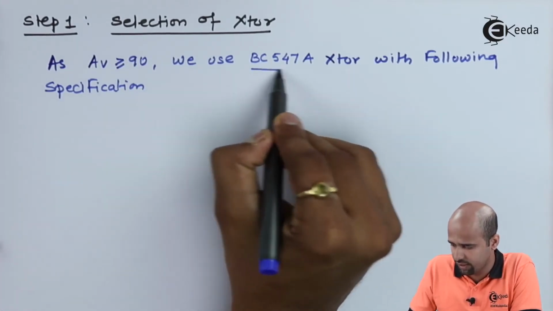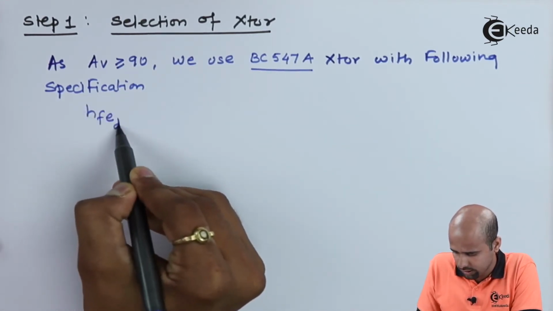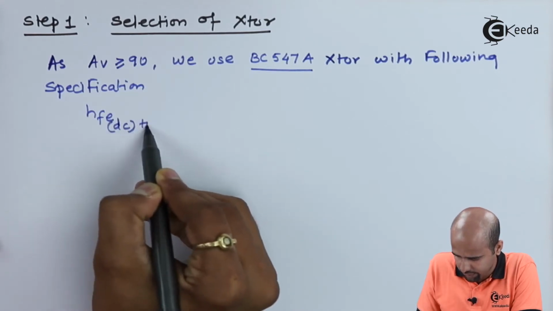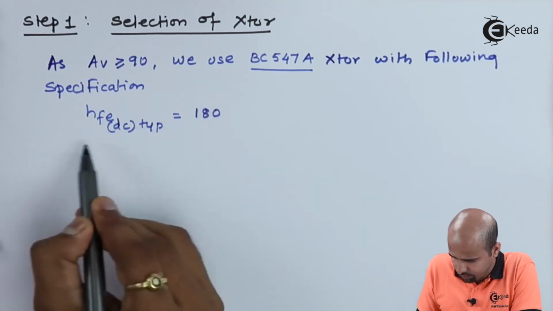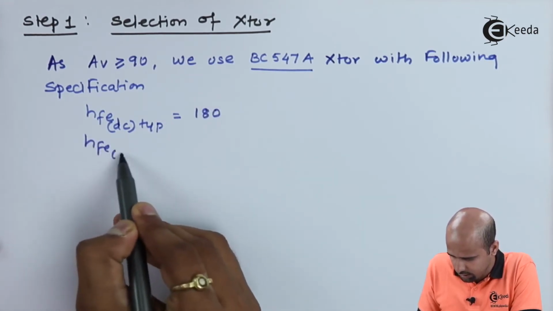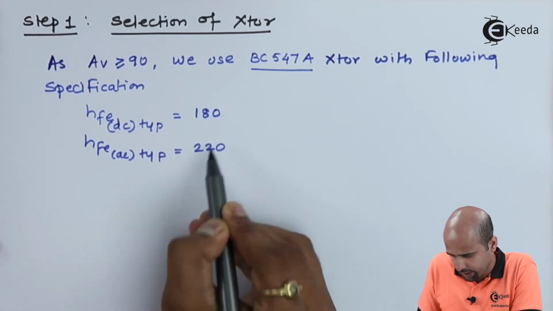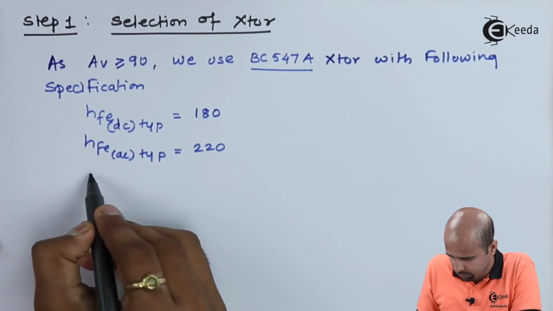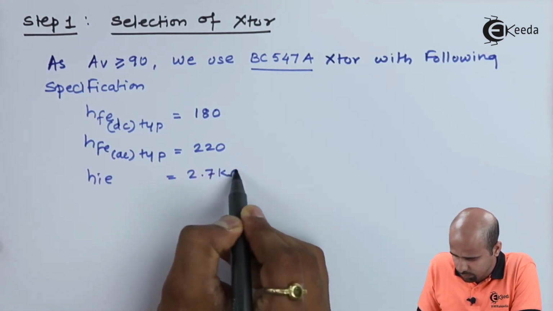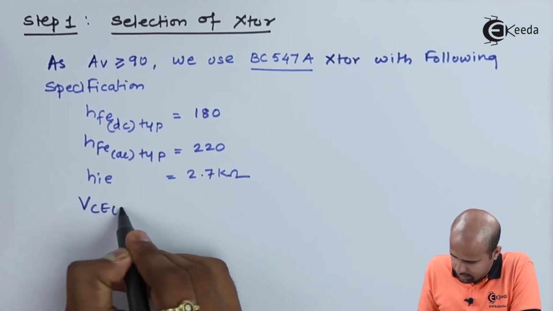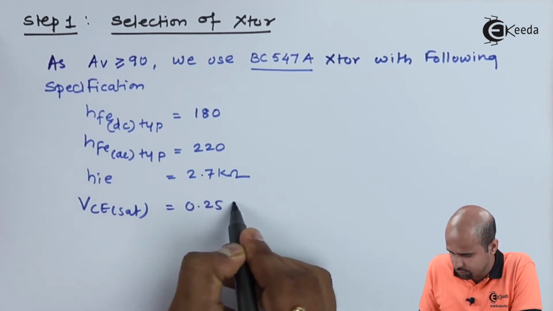For BC547A, the HFE DC typical value is 180, the HFE AC typical value is 220, the value of HIE is equal to 2.7 kilo ohm, and VCE SAT is equal to 0.25 volts.